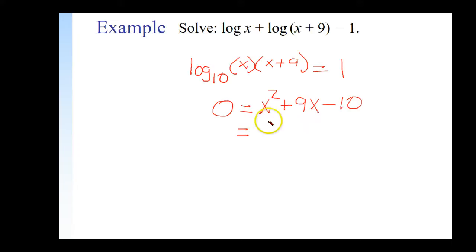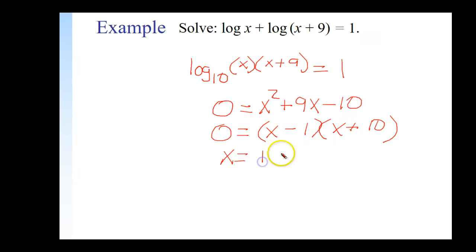Now I factor this. Generally that's how you'll do them here. And they're not hard to factor. And our 10 needs to be plus. This is a negative. So we get x equals 1, or x equals a negative 10.